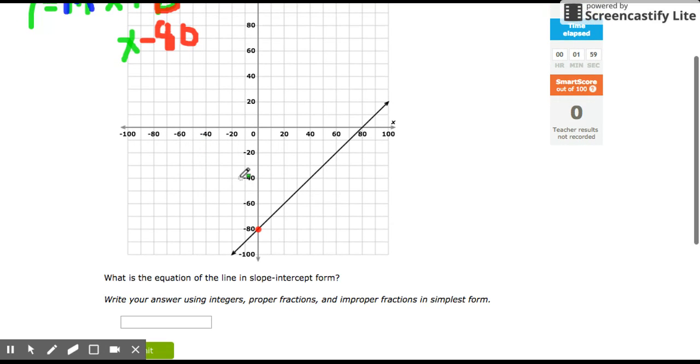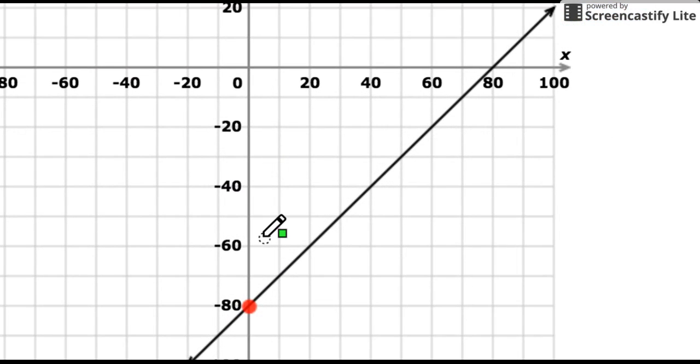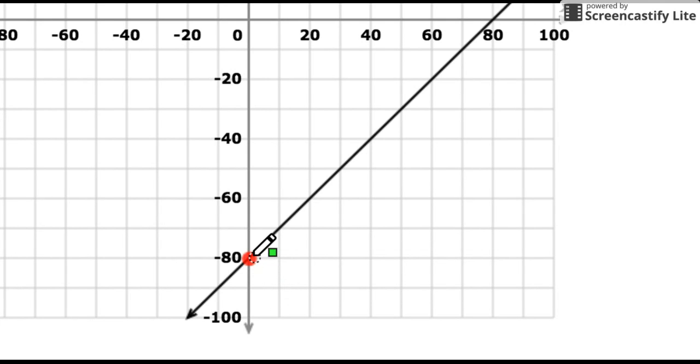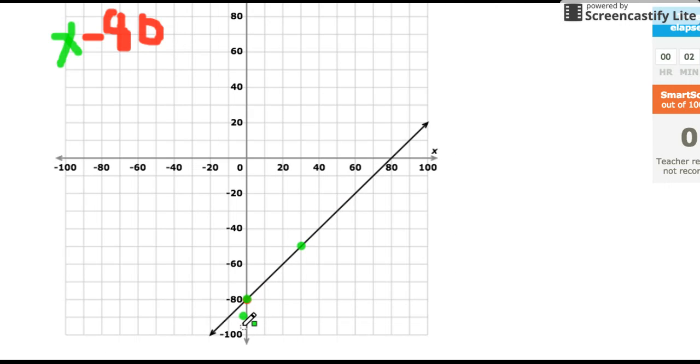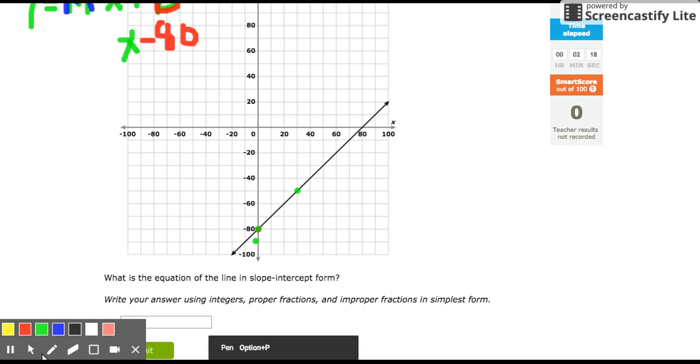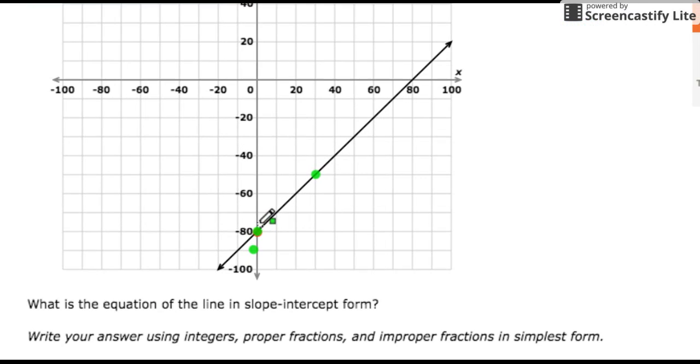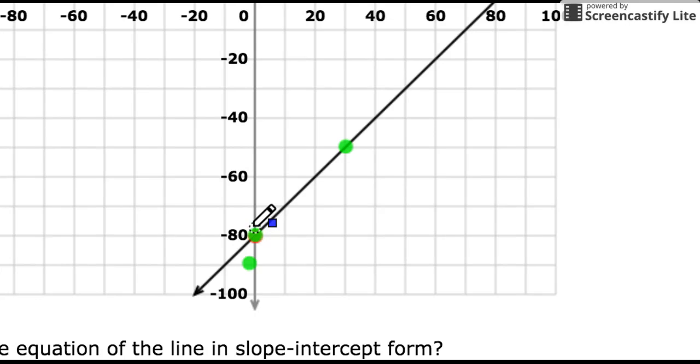And now we've got to find our slope. The rise over the run. Do you see how this right here hits a perfect little corner? Now, how many are you going to rise and then run to get to the next point that's on a perfect corner? So let's go ahead and use a different color. Zoom in.